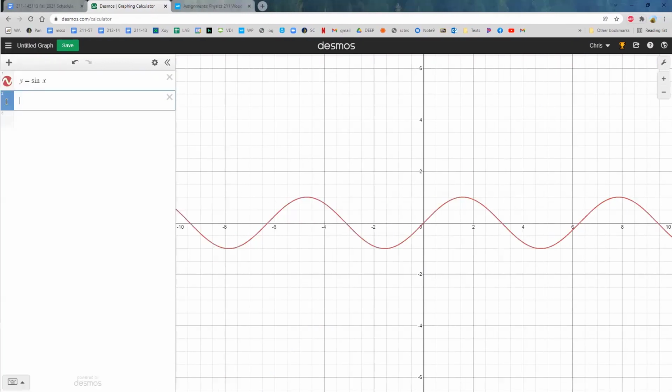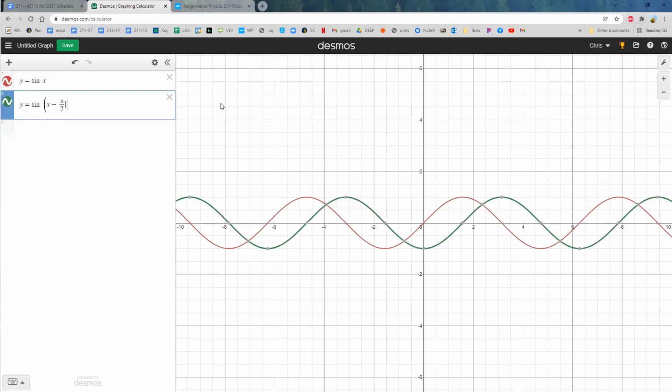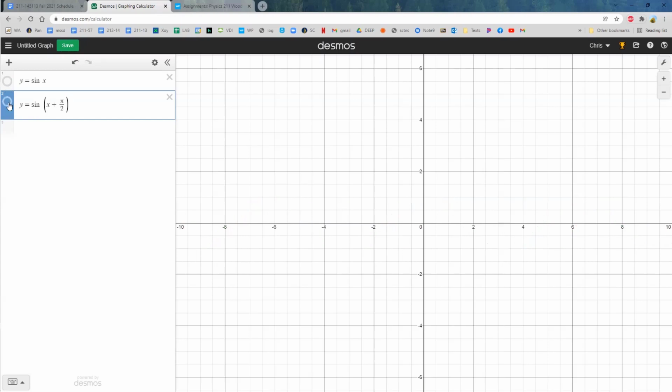And then here's a phase shifted sine function, y equals sine of x plus pi over 2. Both of these are sine functions, but this green function looks just like a cosine function.